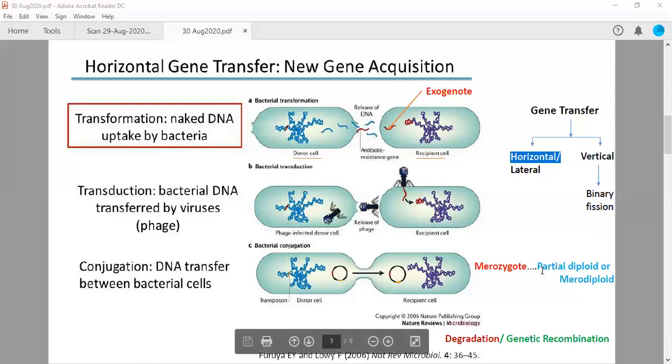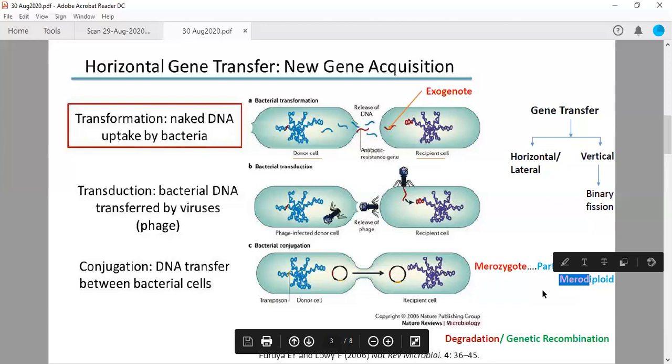So this is called partial diploid condition. Partial diploid in the sense that only a segment of DNA has two copies, not the complete genome. This is also called merodiploid condition. And the cell which has this partial diploid condition is called a merozygote.